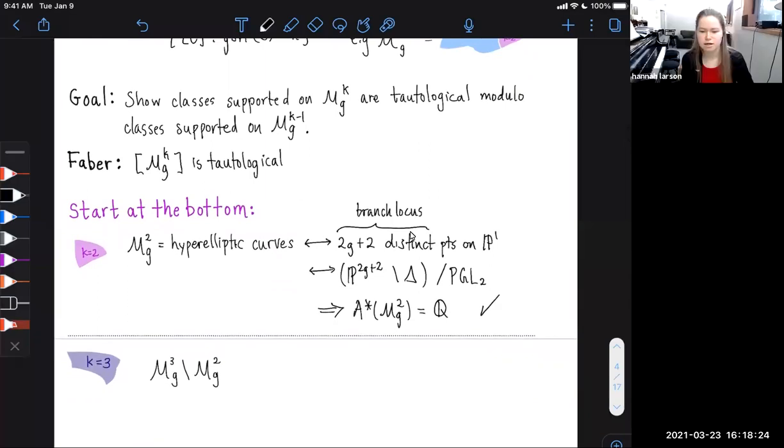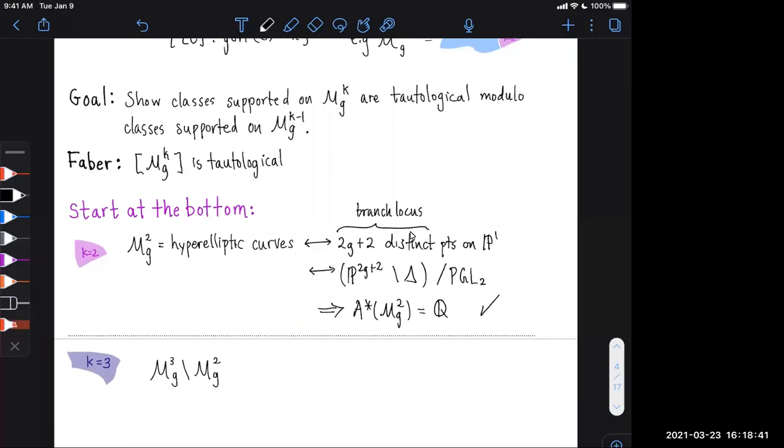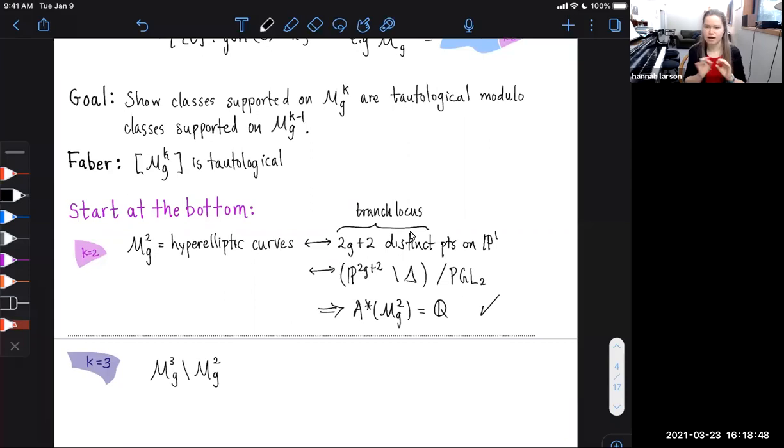This is, I want to take polynomials of degree 2g plus 2 in two variables, and then I want to look at them up to scaling. But then I want to remove the polynomials that have a multiple root. Okay, thank you. The points are unordered. Yes, not marked, not ordered.